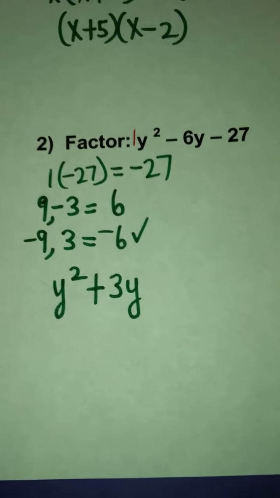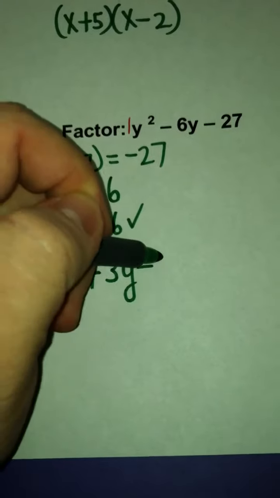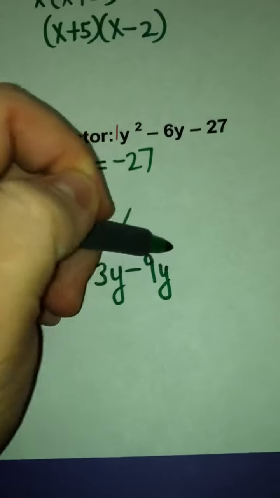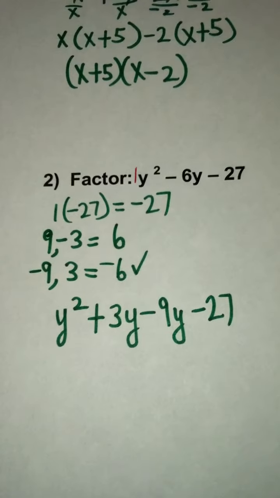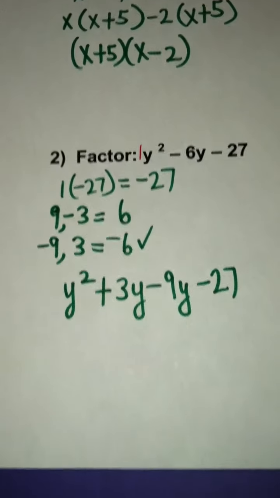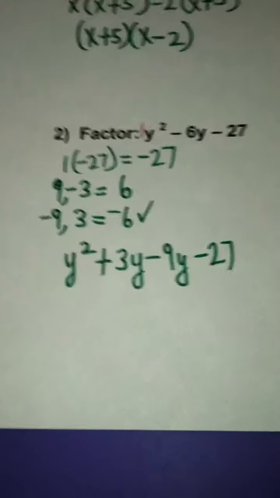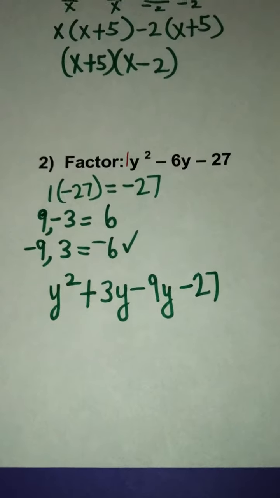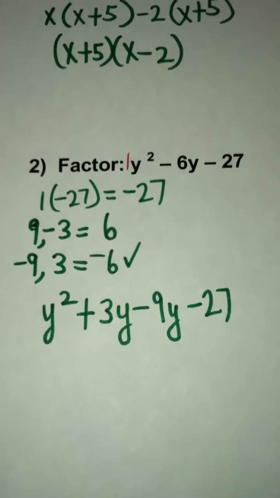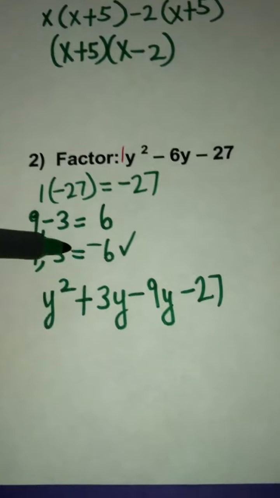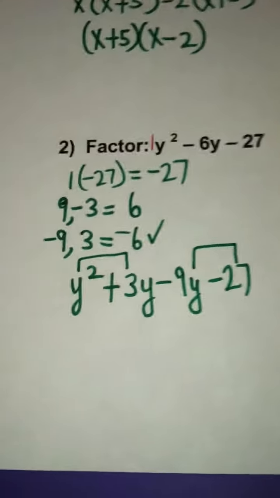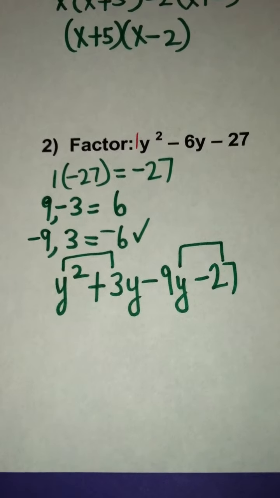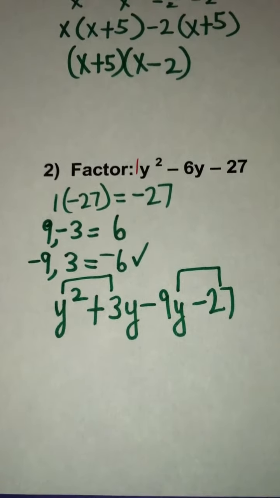And again, the order does not matter, just so long as you have the correct signs. Now, at this point, we can factor by grouping. So group the first two terms and the last two terms, and take out the GCF for each pair.